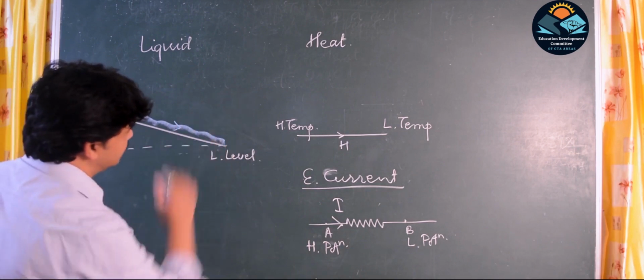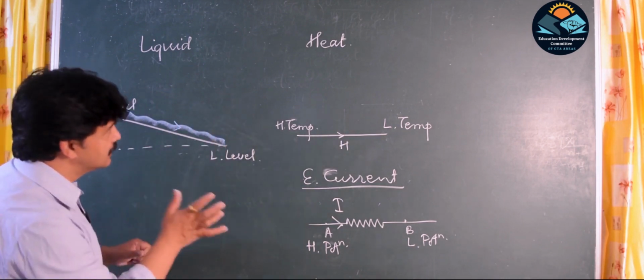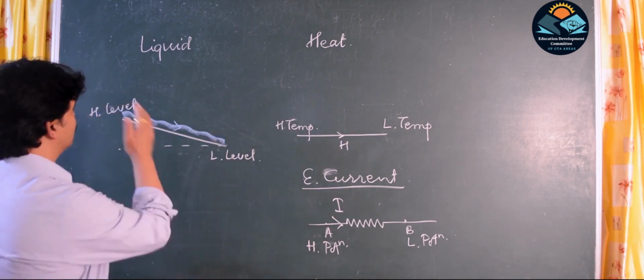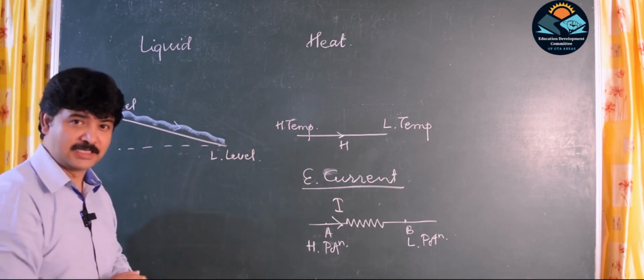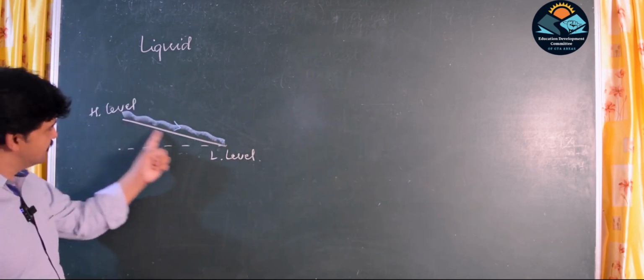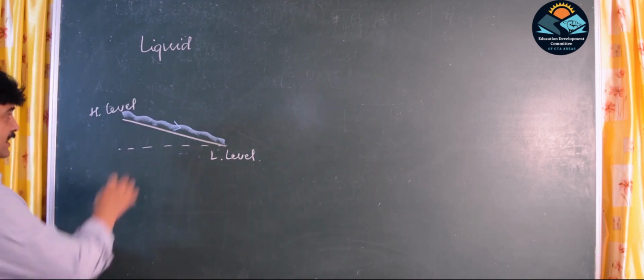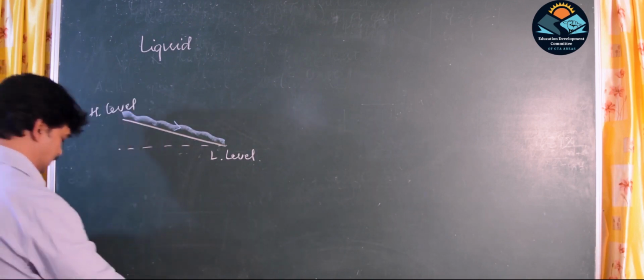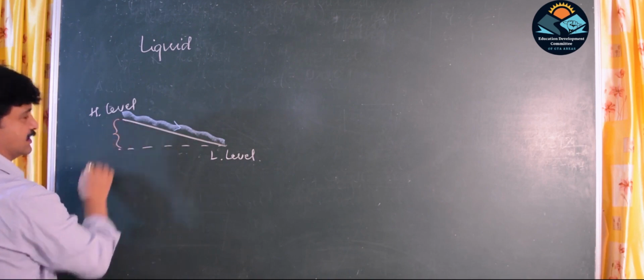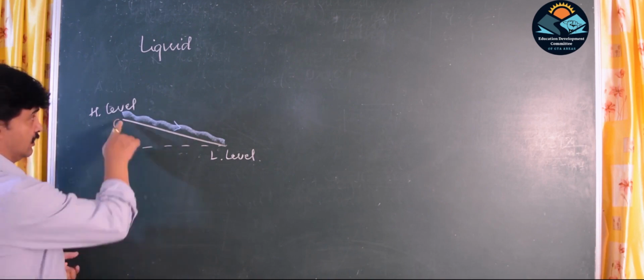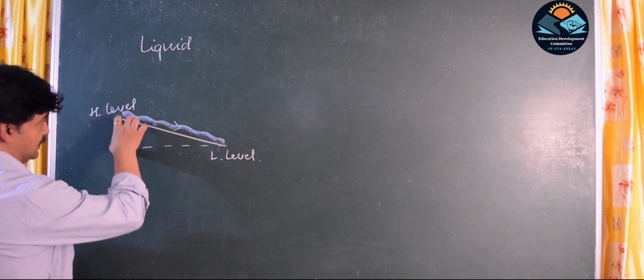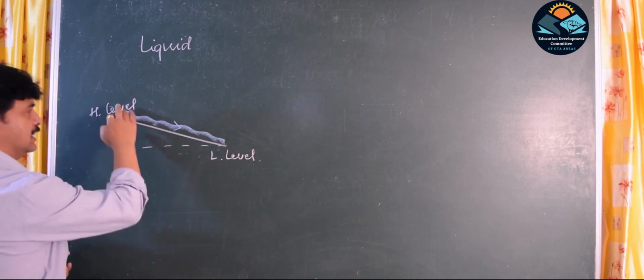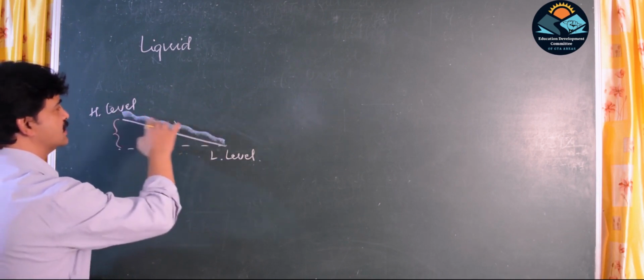Now let's remove heat and concentrate on liquid and current only. Now when this much is the inclination and this much is the difference in height, so you can see this is the difference in height of these 2 points. So when this much is the difference in height, liquid will flow with some speed.